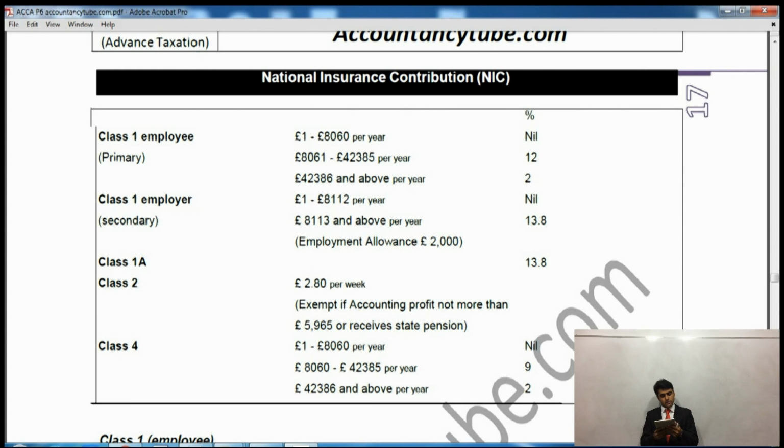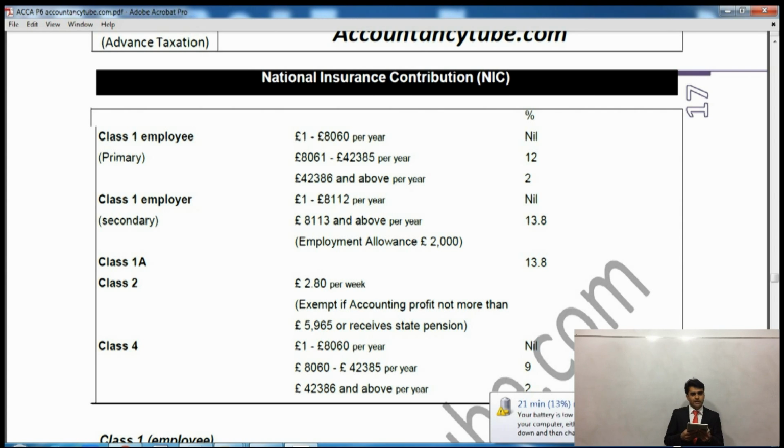if you see, it says class 1 NI. Now, there are two types of class 1: class 1 primary and class 1 secondary. Class 1 primary is for the employee, myself. Class 1 secondary is for the employer, paid by AccountancyTube. Alright, so for class 1 primary, how much do I have to pay?